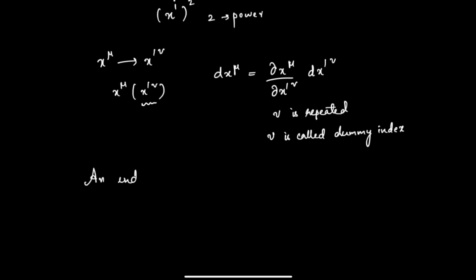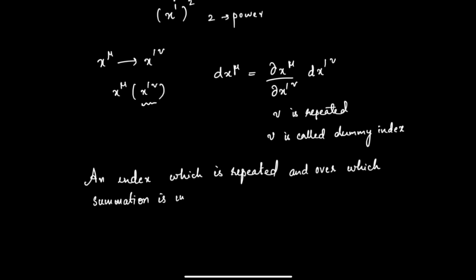An index which is repeated and over which summation is implied is called a dummy index.